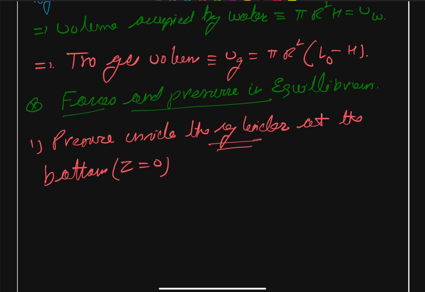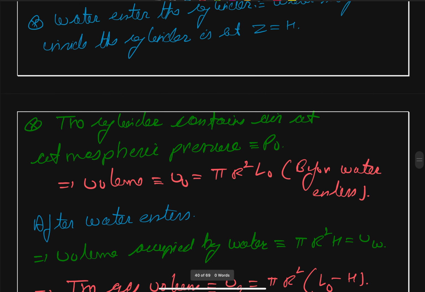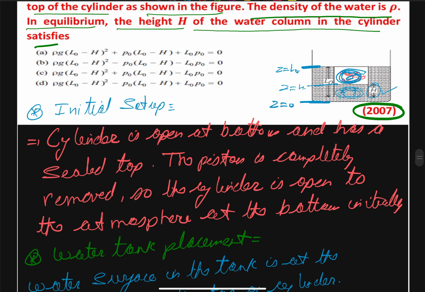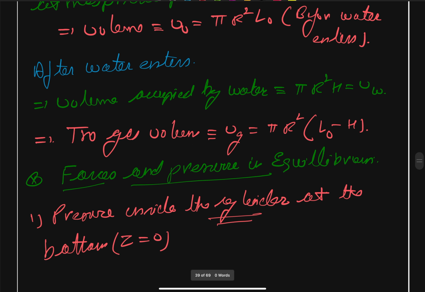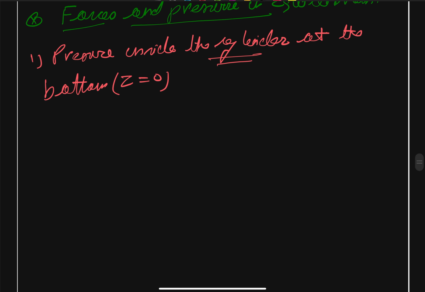So inside the cylinder we have a water column of height h, and there will be air trapped inside. Let me draw it here. So we are only talking about this portion.